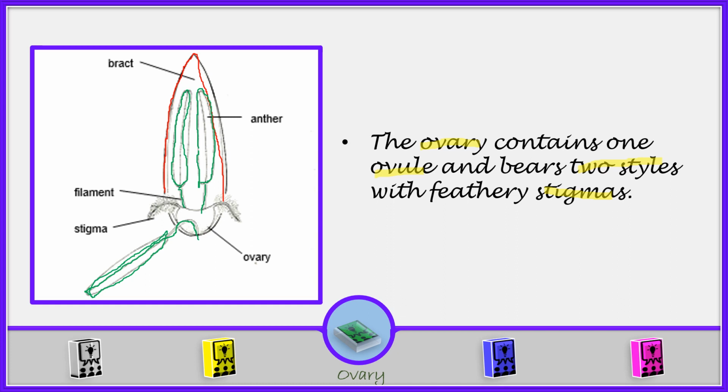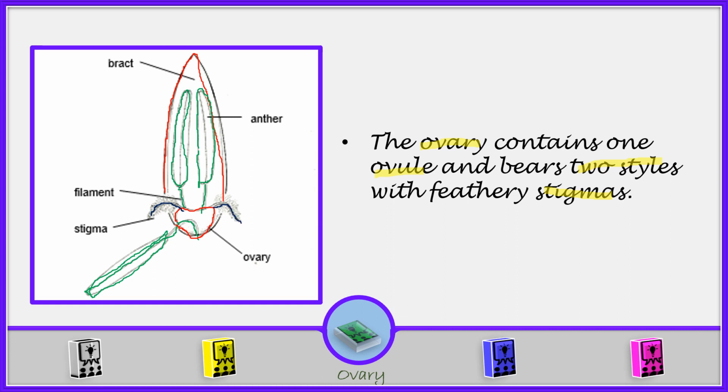And in the middle, we have the ovary. The ovary is that part in the middle. But the ovary has two styles. This style here is feathery. If you look, you can see that they are feathery. This one is also another style.